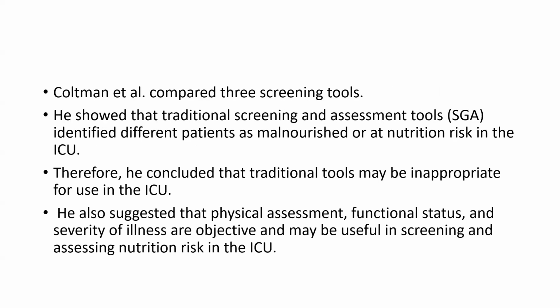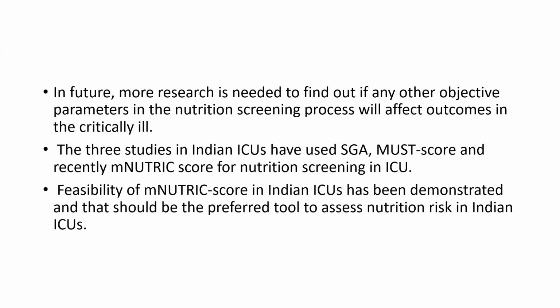Kotman et al. compared the screening tools. He showed that traditional screening and assessment tools identify different patients as malnourished and at nutritional risk in the ICU. Therefore, he concluded that traditional tools may be inappropriate for use in ICU. He also suggested that physical assessment, functional status, and severity of illness are objective and may be useful in screening and assessing nutrition risk in the ICU.